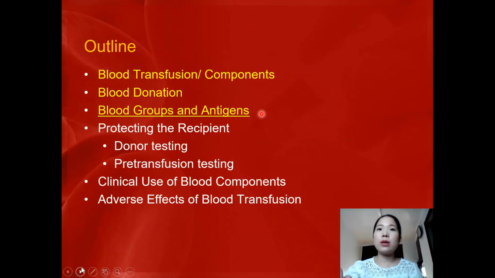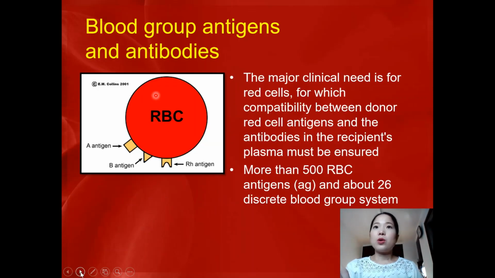So let's go now to our third outline, the blood groups and antigens. Blood group antigens are RBC membrane proteins that you see on the surface. In the body, we have the A antigen, the B antigen, and the RH antigen.